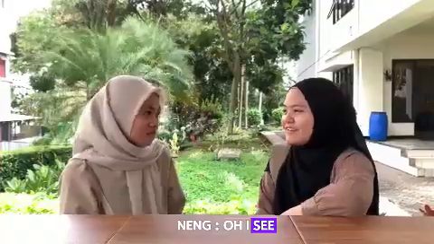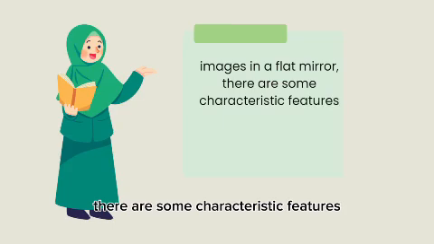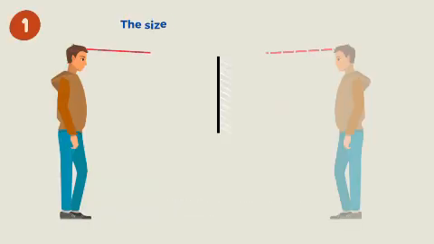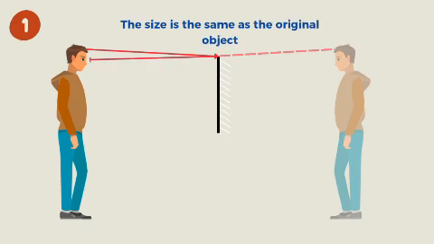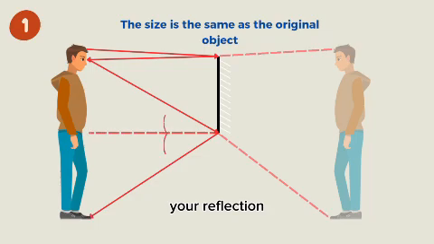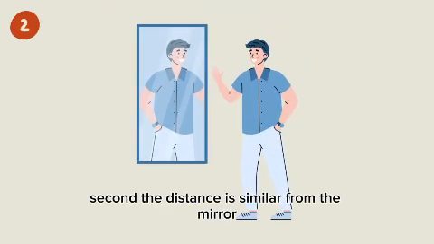Oh, I see. Now, when we talk about the image in a flat mirror, there are some characteristic features that are easy to remember. First, the size is the same as the original object. So, however big you are, your reflection is that big too. Second, the distance is symmetrical from the mirror.